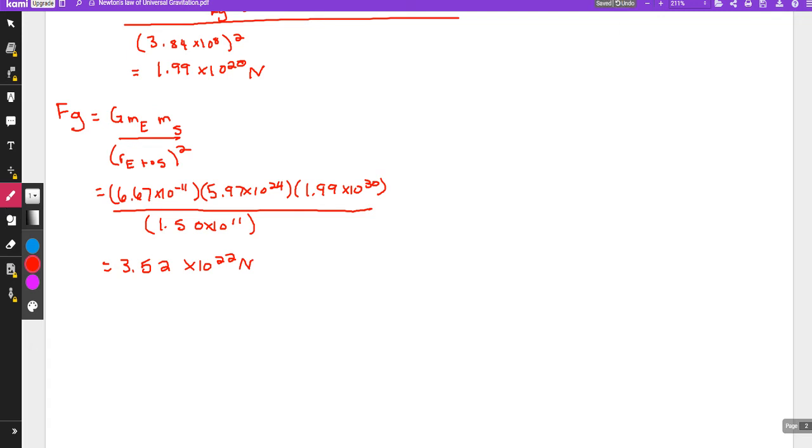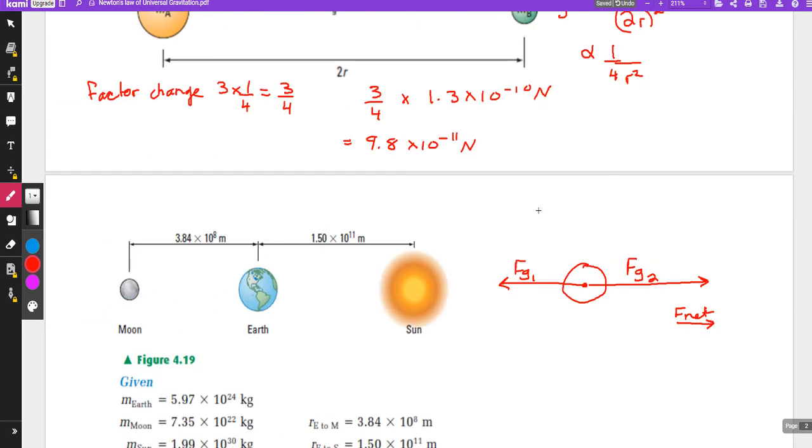And then the net gravitational force, FG net, is equal to FG1 and FG2 added together. Then when we looked at this situation above in the force diagram, our FG1 is going to be negative and our FG2 is going to be positive. That's just because it's left and right.